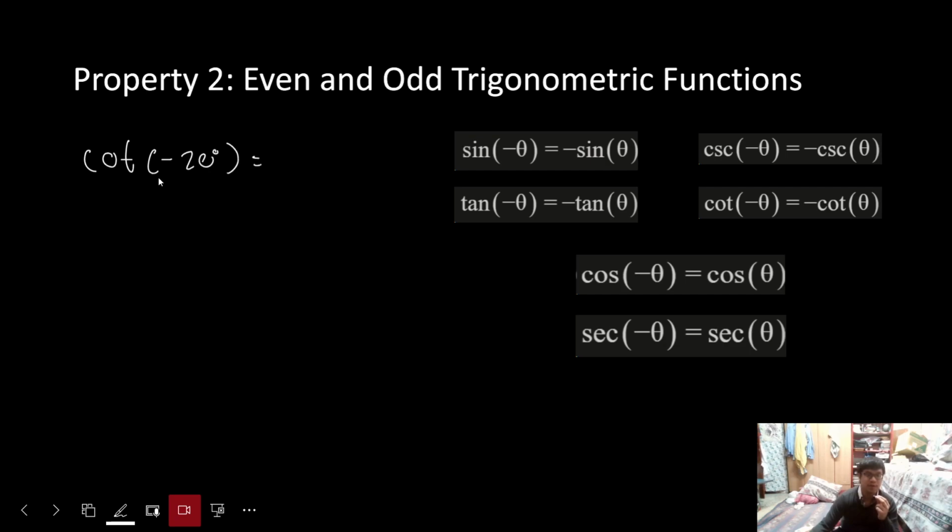Remember, if we have a negative angle here, that means we can have negative cotangent of 20 degrees. Since this is not a special angle, we can use a calculator here. But remember that in a calculator, usually we have only sine, cosine, and tangent.